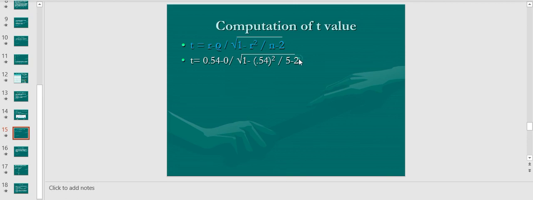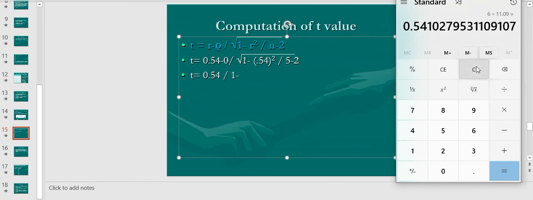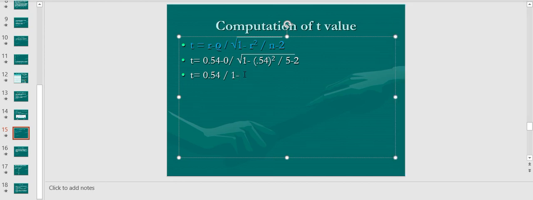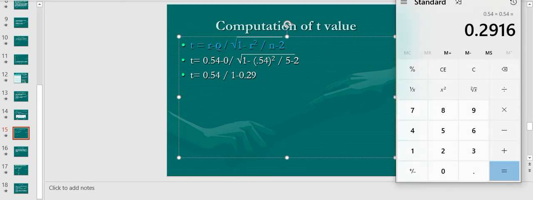Just to complete this calculation, t is equal to 0.54 divided by the square root of 1 minus 0.54 times 0.54, which is equal to 0.29.